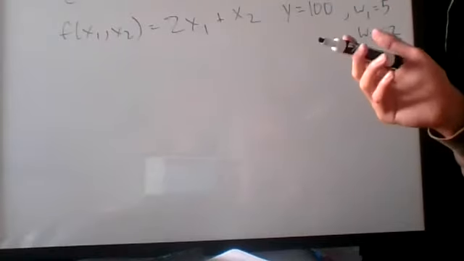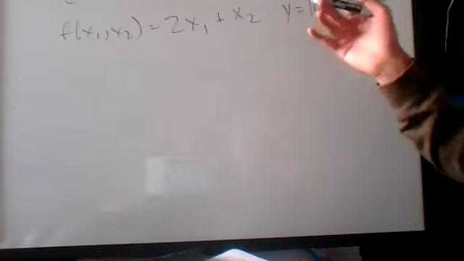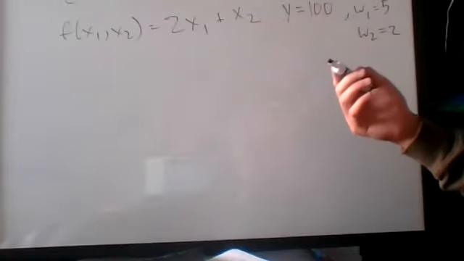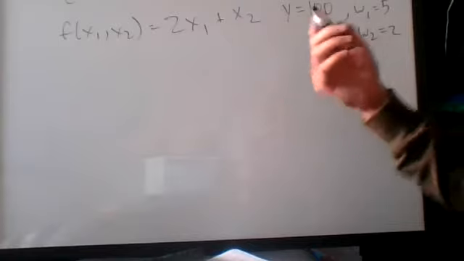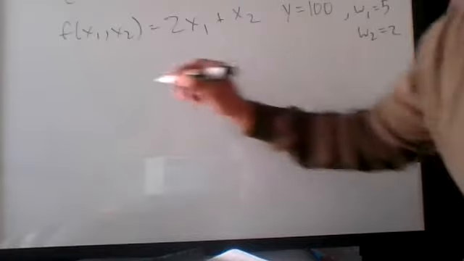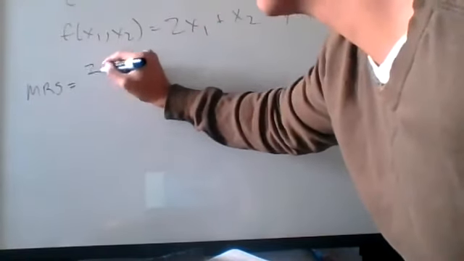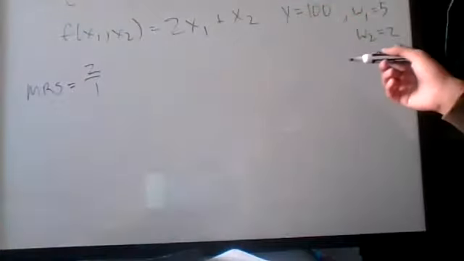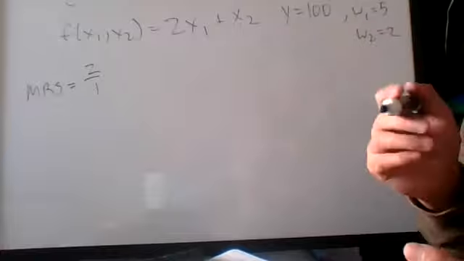Kind of like how we would always do it. There are many ways of doing a perfect substitutes question, but the way I've always taught it is you find your MRS, which is 2 over 1. Because we don't have diminishing marginal rate of substitution, we're going to have a corner solution.